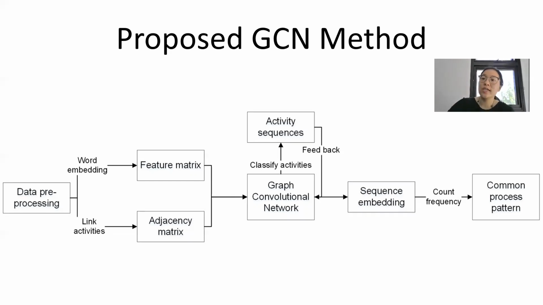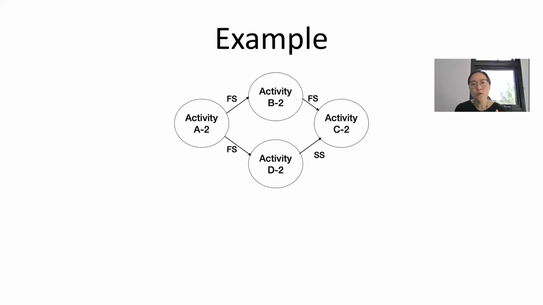While the adjacency matrix is much easier, it shows how each activity is connected with the others. We will see an example in the next slide. For example, in this sample project, we have 4 activities, A2, B2, and C2, and they're connected with different logics, for example, finish to start and start to start.